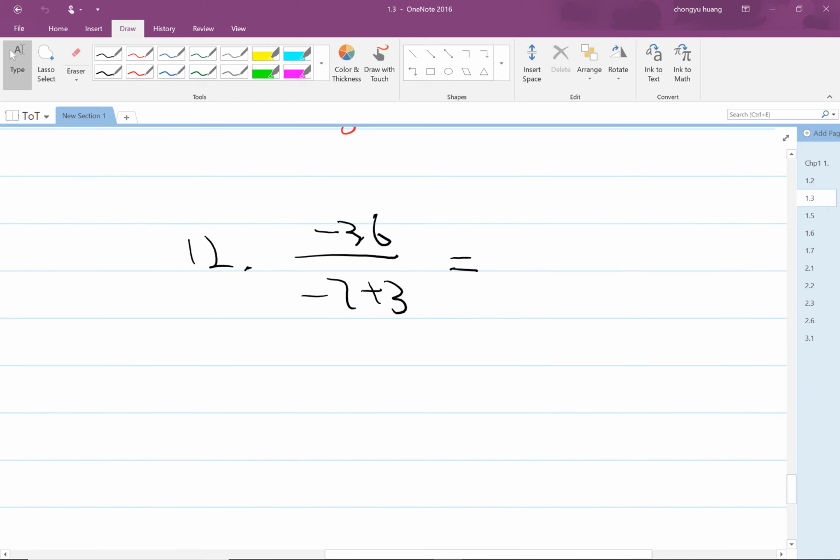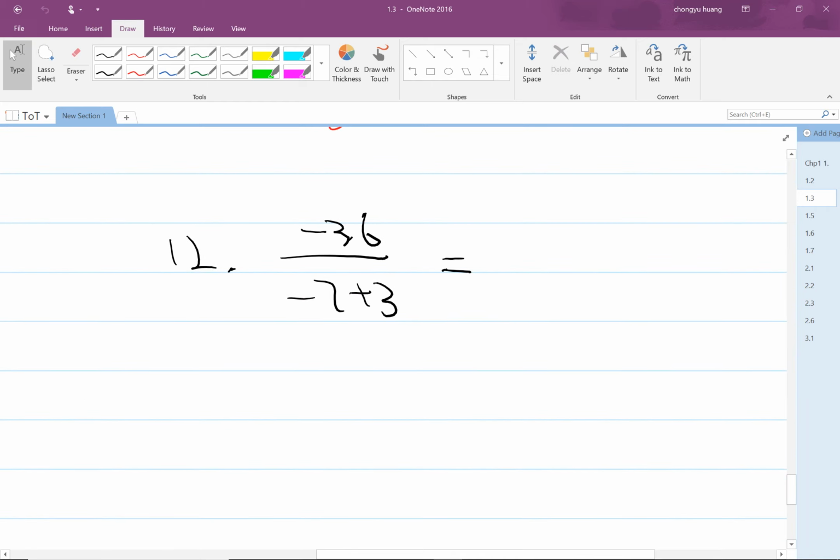So for question 12, what you can see is that we have to simplify the numerator first, because the denominator is only one number, so we don't have to simplify it. On the numerator, we've got -7 plus 3.